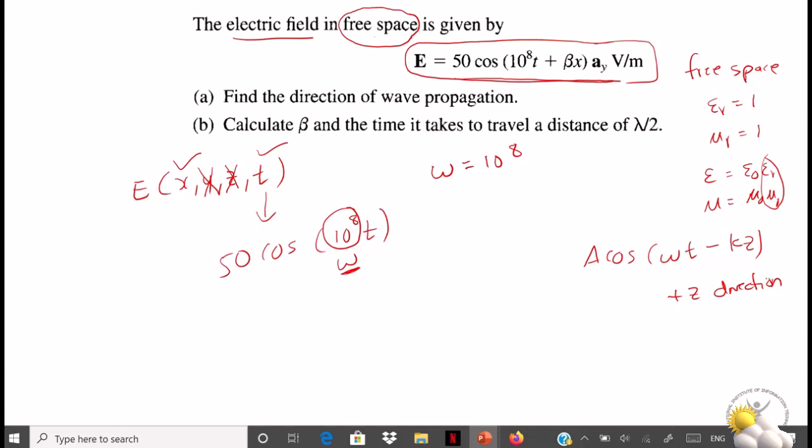So if you see, it's only depending on x and time. Of course, the time variation there is depending on x. But this x contribution is not for the magnitude, but in fact it contributes to the phase. The magnitude, this 50, is not a function of x or y or z.